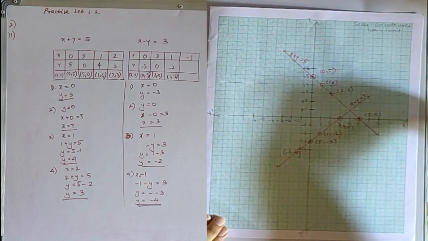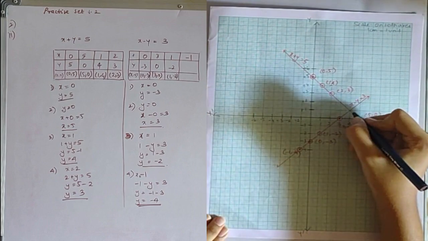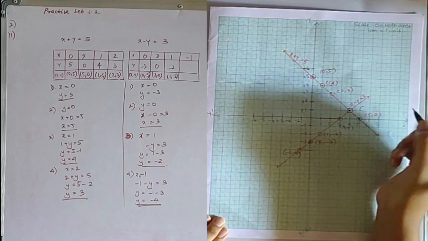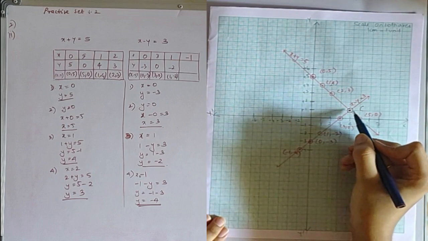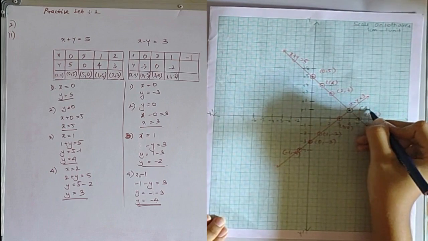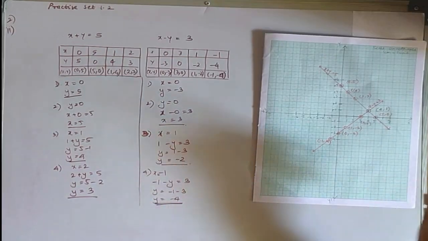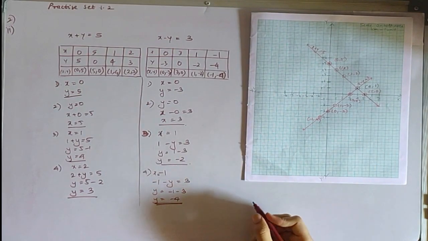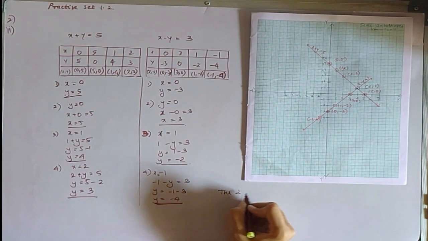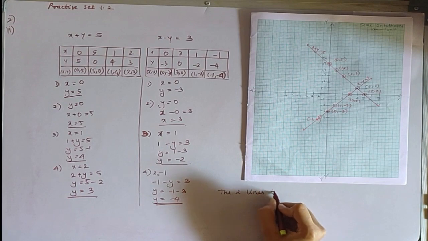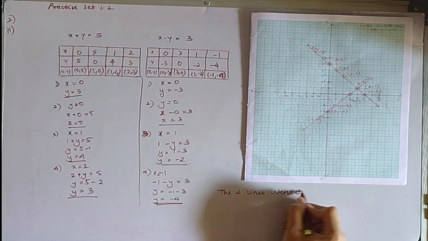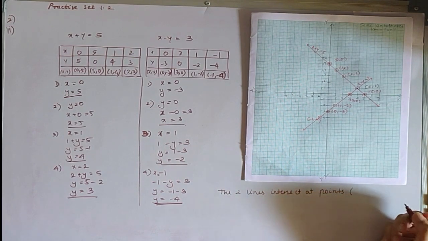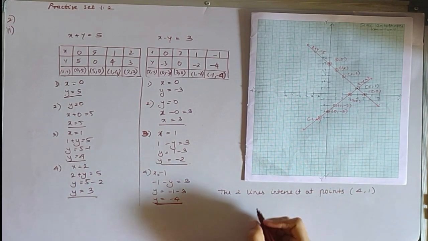So what is my point of intersection of these two lines? This is my point of intersection. So what is this point? 4, comma, 1. As I told you, you need to write down the answer in this manner. The two lines intersect at the point 4, comma, 1.